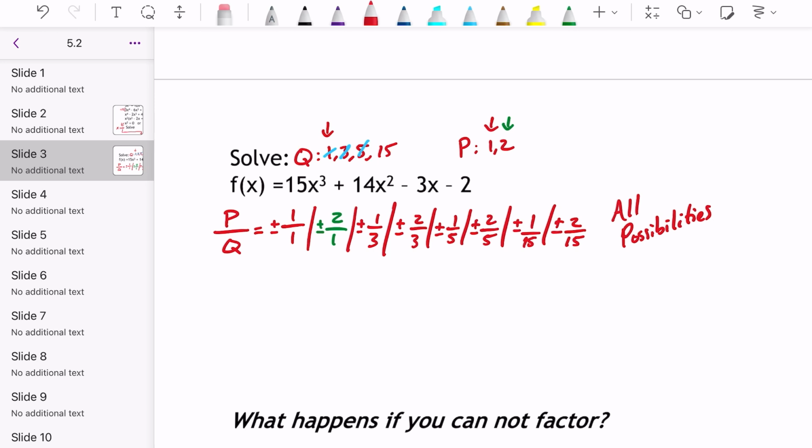So we'll go ahead, we'll try with positive 1 first and see what occurs. So with a positive 1, keep in mind the inside portion would be 15, 14, negative 3, and negative 2.